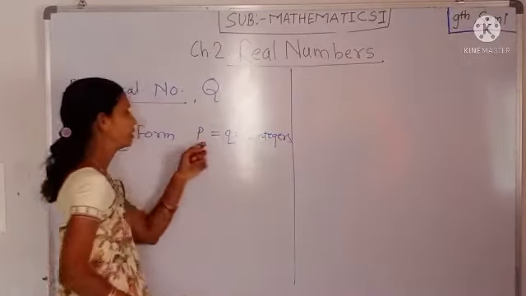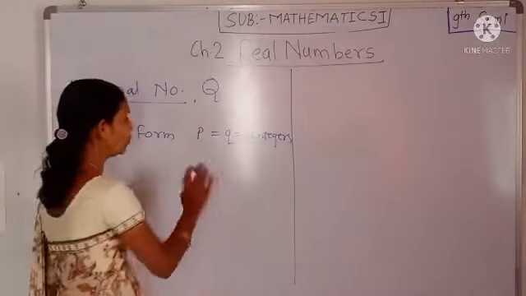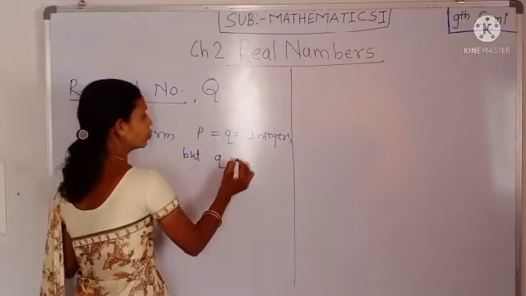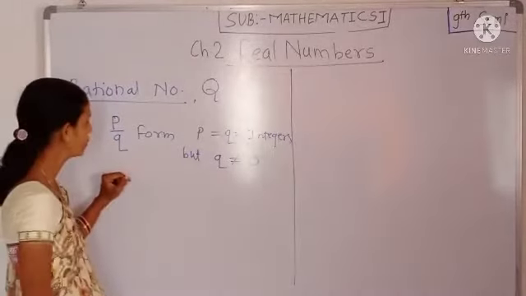Integers means positive or negative numbers, or it may be 0. But here one condition is there: Q should not be 0. That means the denominator should not be 0.